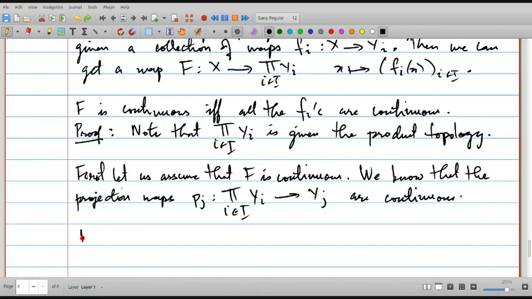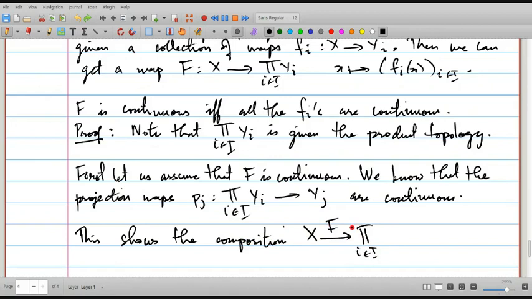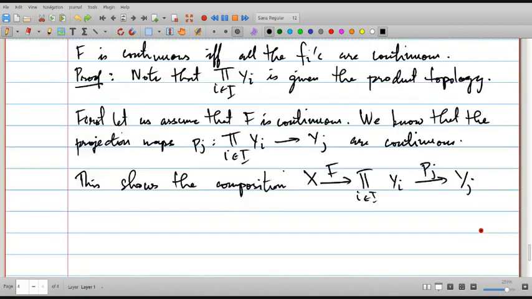So this shows that the composition, so X, here we have F, here we have p_j, is continuous.